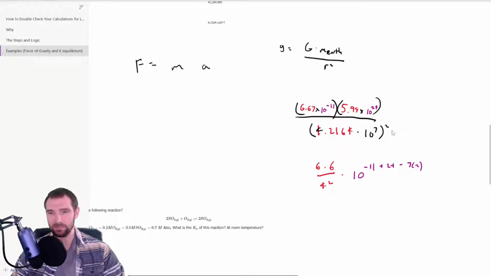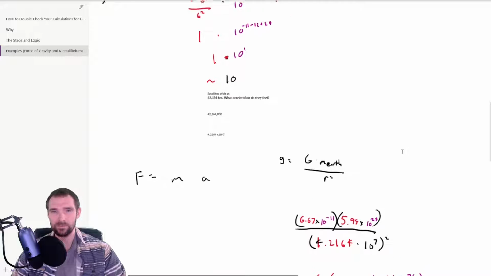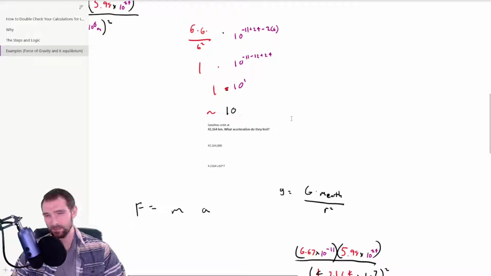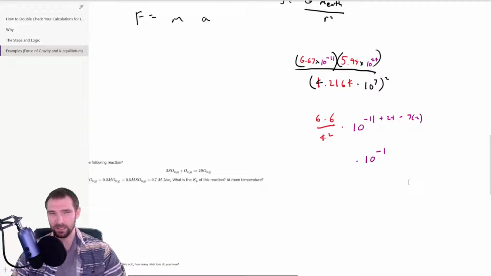So this is going to end up being 10 up to the minus 14, which is minus 1 now. So instead of having 10 meters per second squared, this acceleration is going to be like 0.1 meters per second squared.